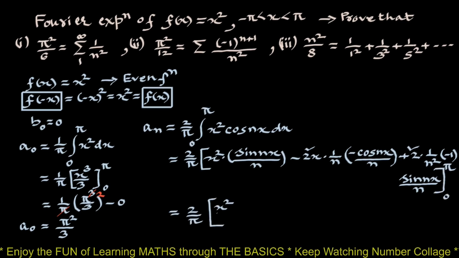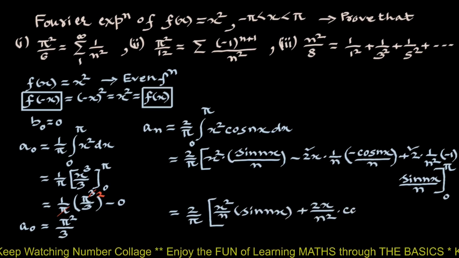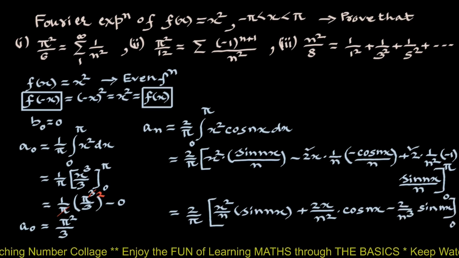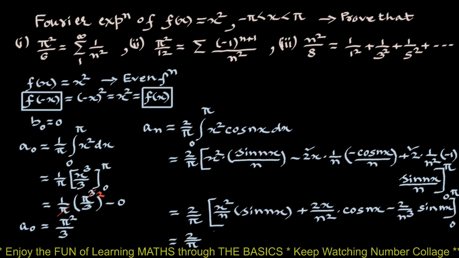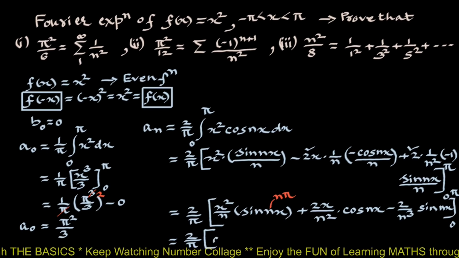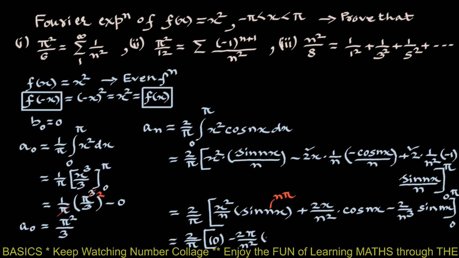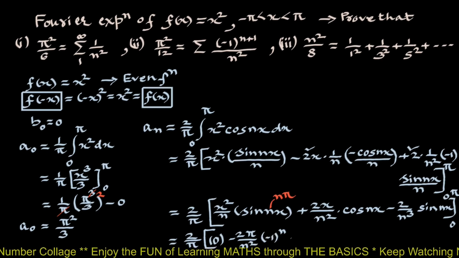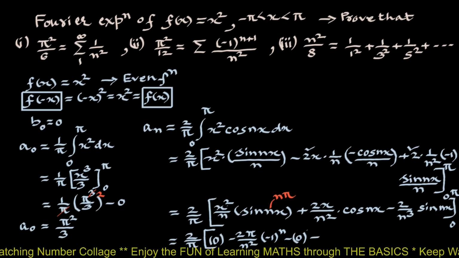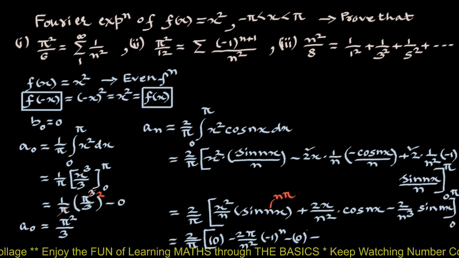This will be x square upon n sin nx plus 2x upon n square cos nx minus 2 upon n cube sin nx from 0 to pi, which is 2 upon pi. Here sin n pi will be 0, so 0 minus 2 pi upon n square cos n pi is minus 1 to the power n, minus sin n pi is 0 again, minus 0 square is 0 here, 2 into 0 is 0 here, and sin 0 is 0.